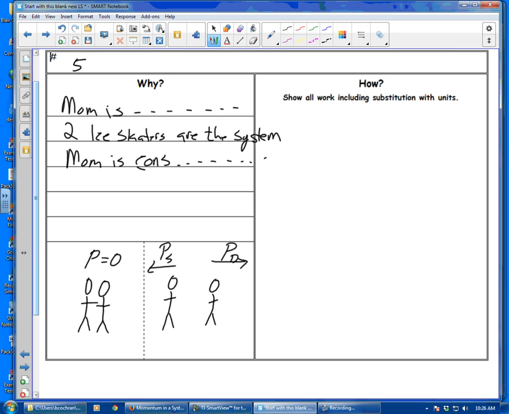Skater is going to the left, dater is going to the right. It's the letter D for dater. So it's called a subscript, by the way. Same equation.